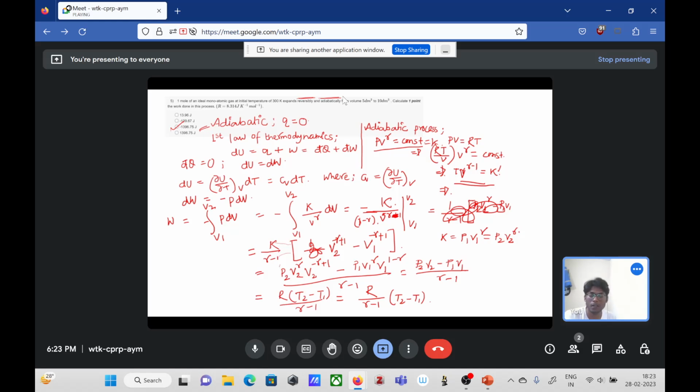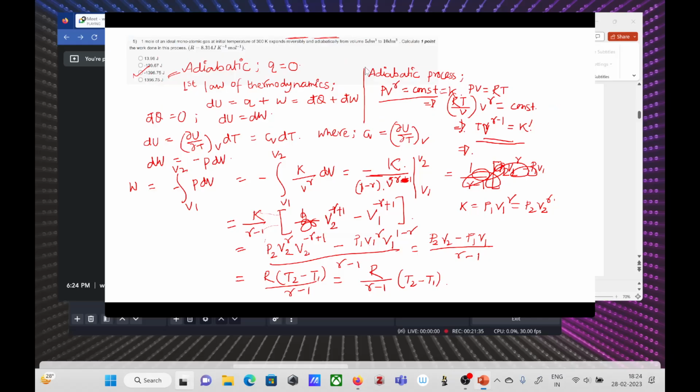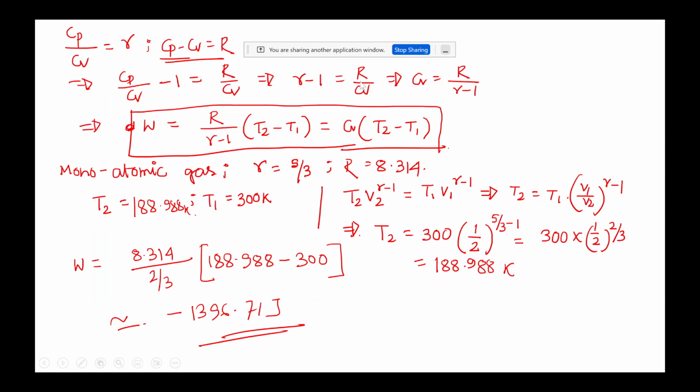Now we know P2 V2 is equal to RT2 and P1 V1 is RT1. We substitute that, and we get R by gamma minus 1 into T2 minus T1. Also Cp by Cv is equal to gamma, and from there we can get that Cv is equal to R by gamma minus 1.